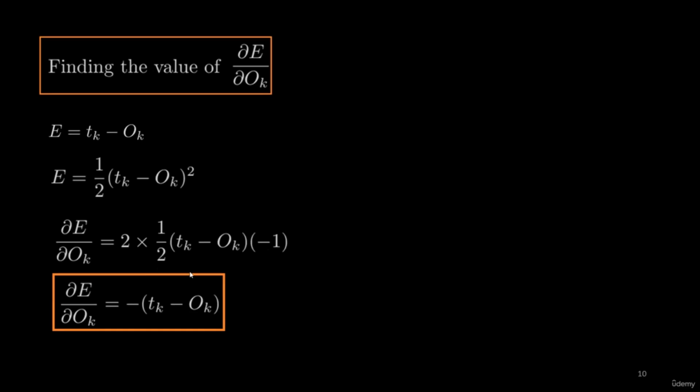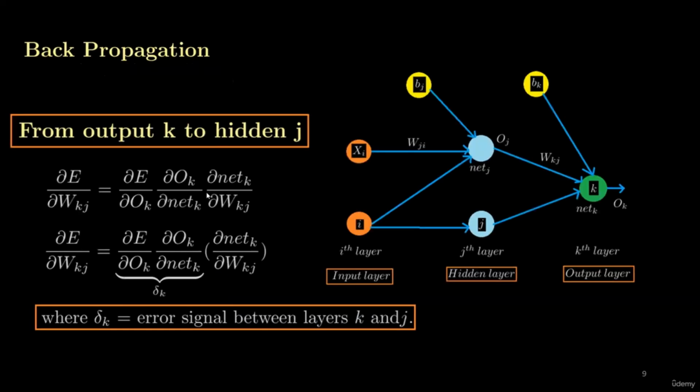So this is the derivative of this term, and according to chain rule, the derivative of the term inside the bracket is minus 1. Now this 2 will cancel out. This minus 1 will come at the start and we will be left with tk minus ok. So in this way, we have found the value of rate of change of error with respect to OK. So we have calculated the first term in our equation. Now it's time to calculate this second term.